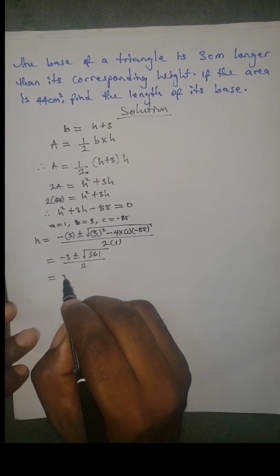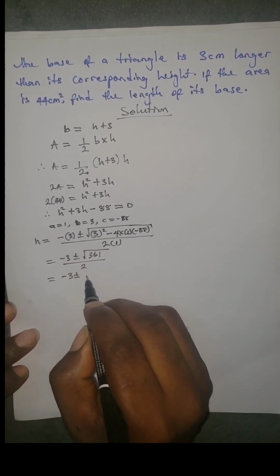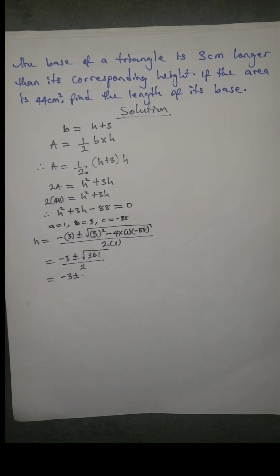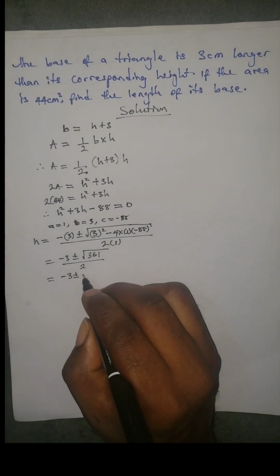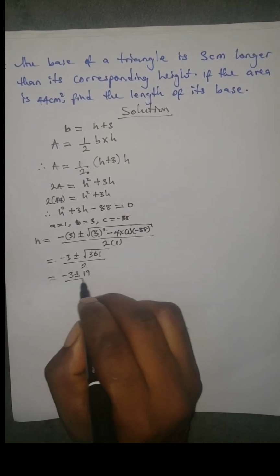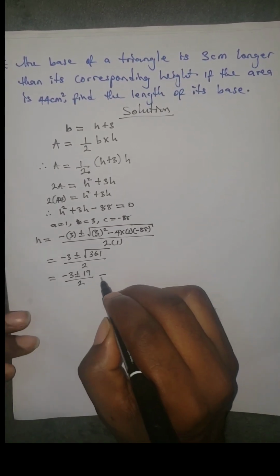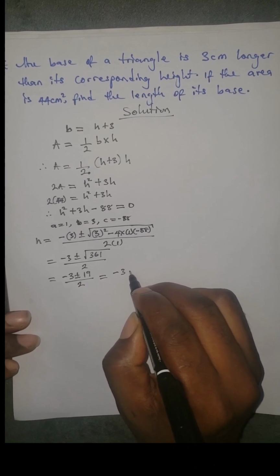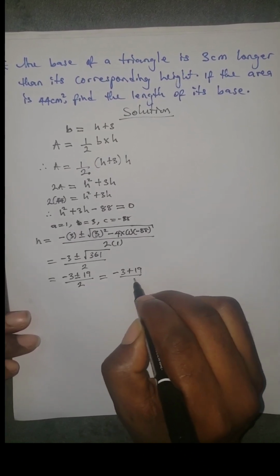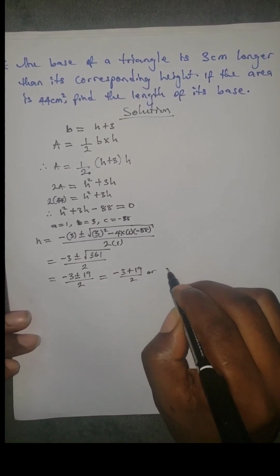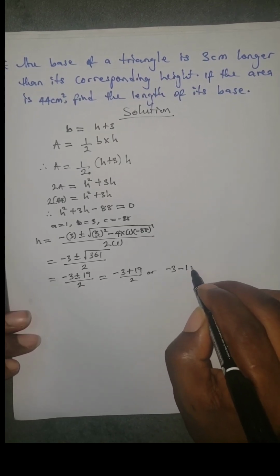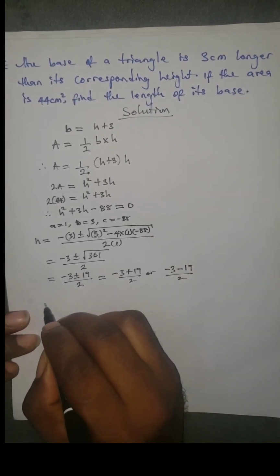So that will give you minus 3 plus or minus square root of 361 is going to give you 19 over 2. So that will give you minus 3 plus 19 over 2, or minus 3 minus 19 over 2.